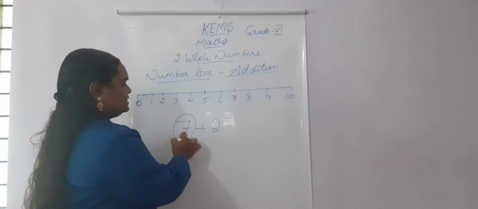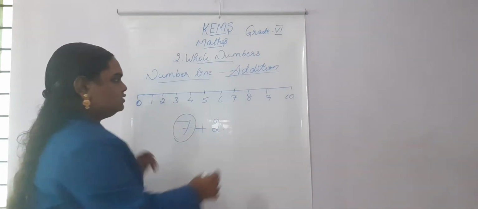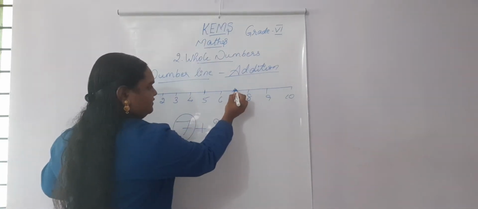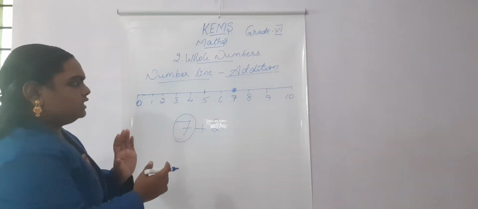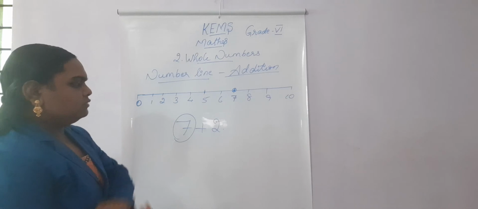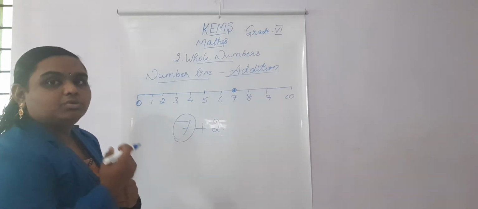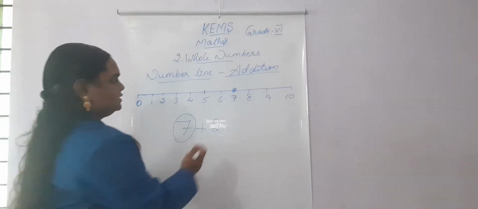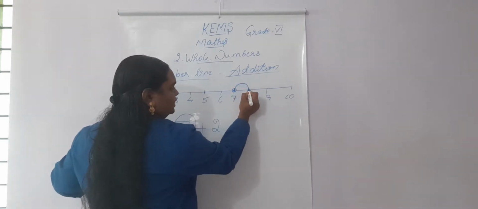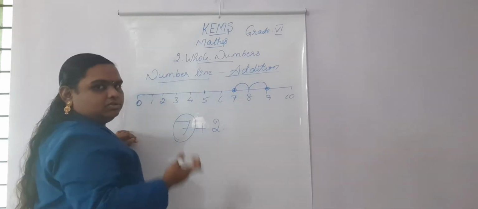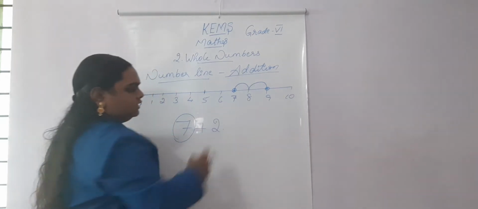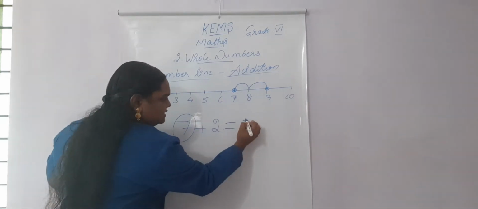The first number is 7, so I have to find the number 7 on the number line. Okay, I found the number 7. Then I have to add 2, so I have to jump 2 steps. So 7, 1 and then 2. After 2 jumps, I got the number 9. So the answer is 9.